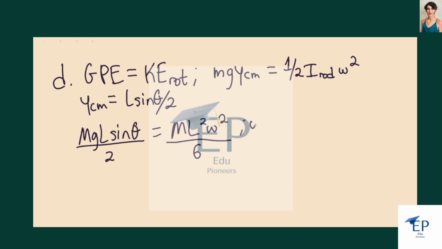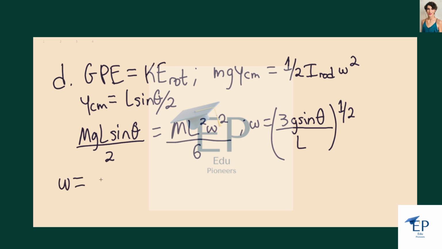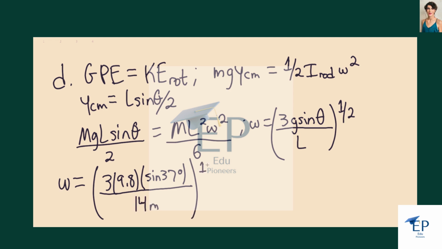And so omega is going to be equal to 3g sine of theta over L, to the 1/2 power. So omega is going to be equal to 3 times 9.8 times sine of 37 degrees divided by 14 meters, all to the 1/2 power.